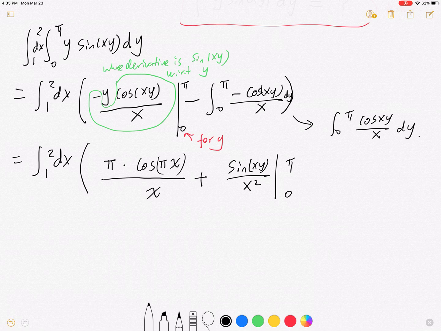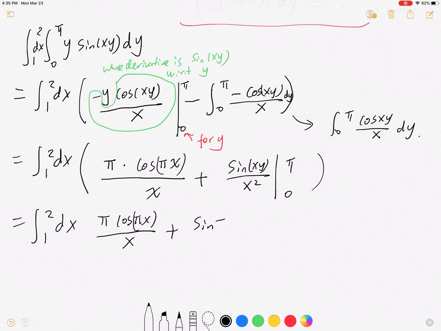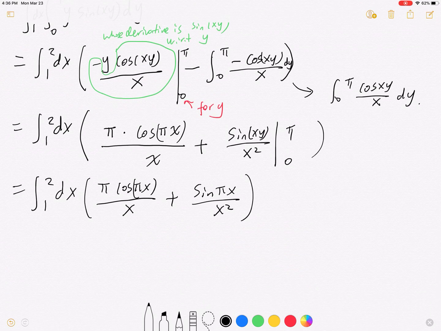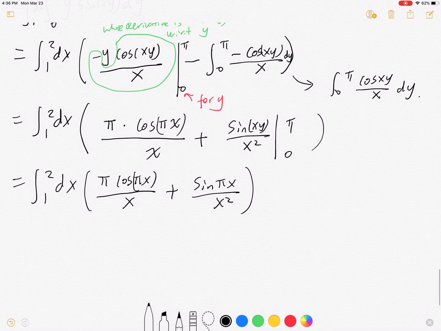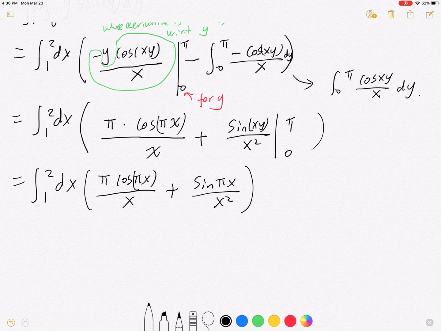When you plug in, what do you have? You have pi cosine pi x divided by x plus, when you plug in pi, sine pi x divided by x squared, and plugging in 0, you have 0. Finally you need to integrate this, but then we get stuck. Let's see if we can find some simple way to get around it.